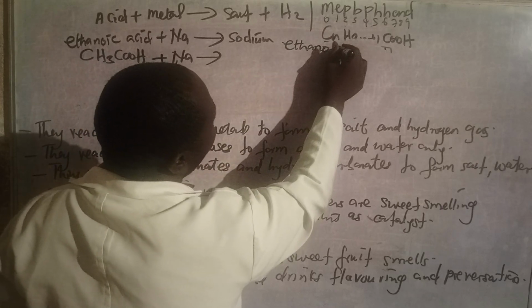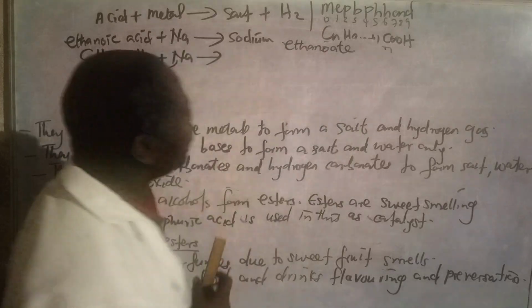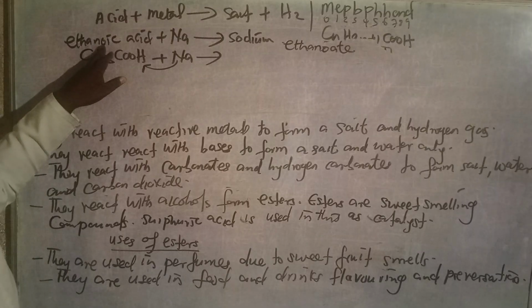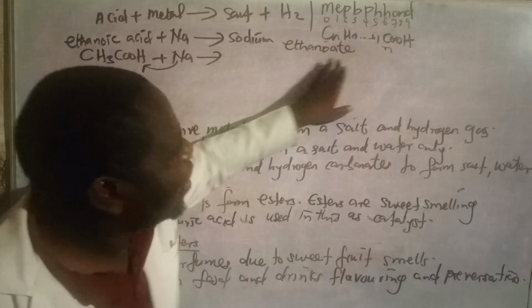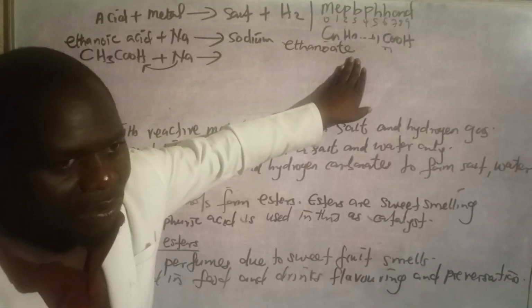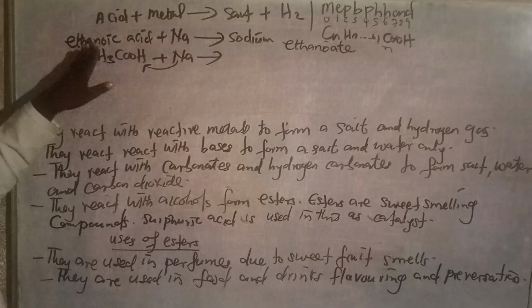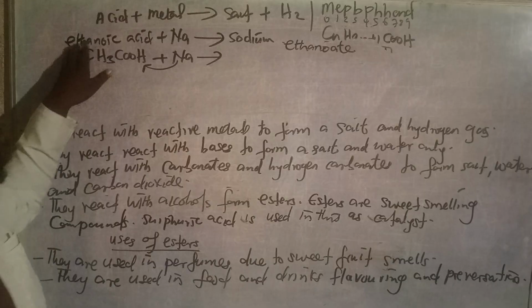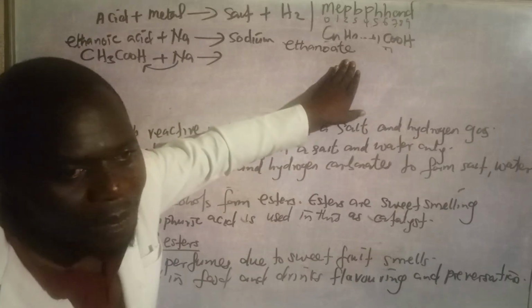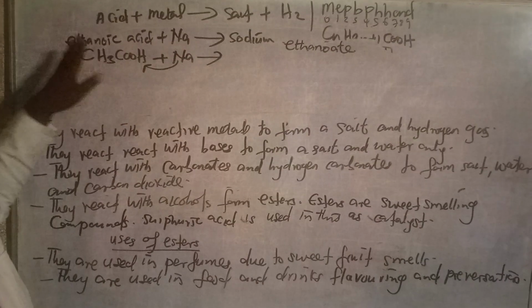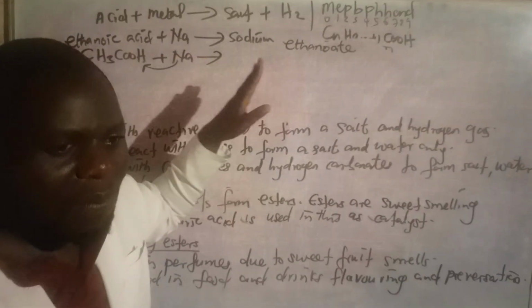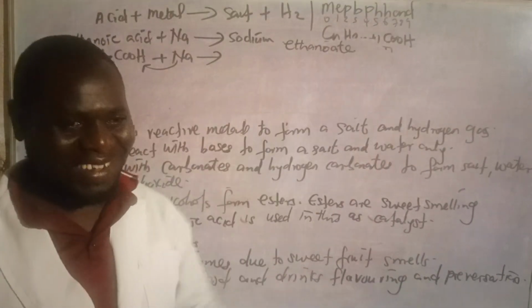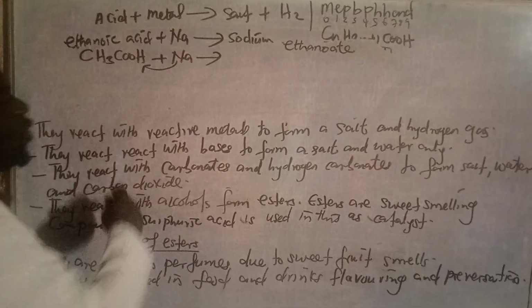At the end you remove the ic of ethanoic and put ate. So it's sodium ethanoate. If it was propanoic acid, it would be sodium propanoate. If it's butanoic acid, it would be sodium butanoate. Okay.